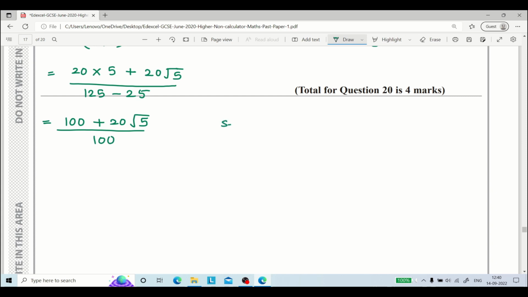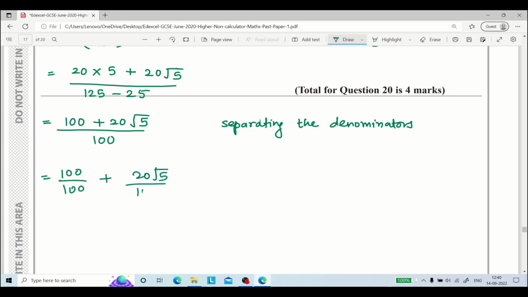Separating the denominators, what are you going to get? You will get 100 over 100 plus 20 root 5 over 100. So this is going to be 1 plus, 2 ones are 20, 2 fives are 100, so this is going to be root 5 over 5.